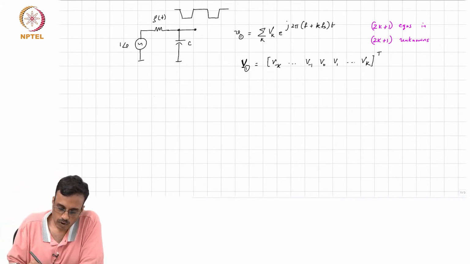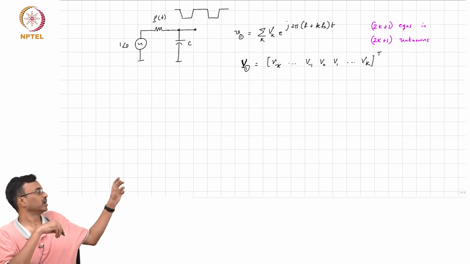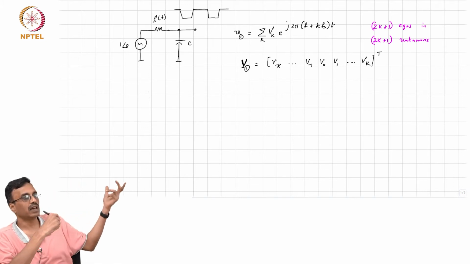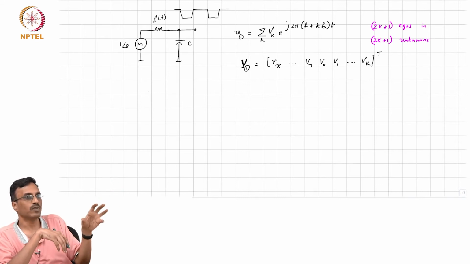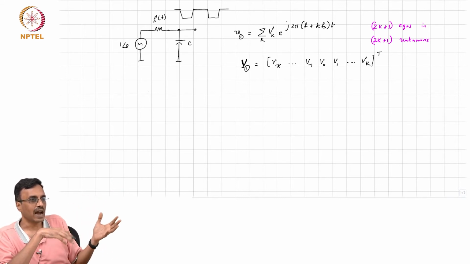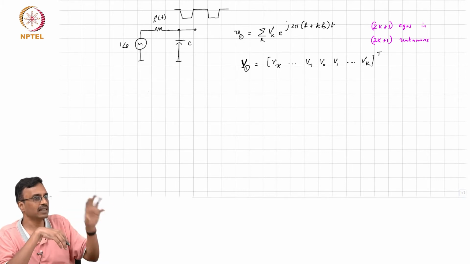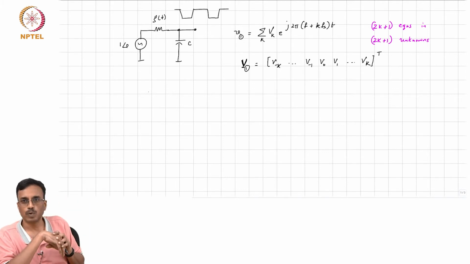Great. So let's go element by element. Remember in the time invariant case, we wrote the MNA stamps for each element and built up that G matrix by adding the corresponding MNA stamps, correct?